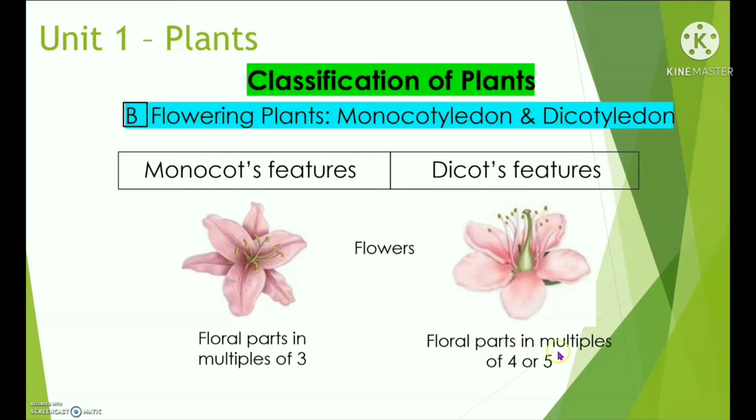Now let's talk about dicot's flower. Floral parts in multiples of 4 or 5. Okay, let's count the petals. 1, 2, 3, 4, 5. So it's usually 5 petals or multiples of 4 or 5. It can be 8, it can be 10. So again, what is the difference between monocot and dicot's flowers?